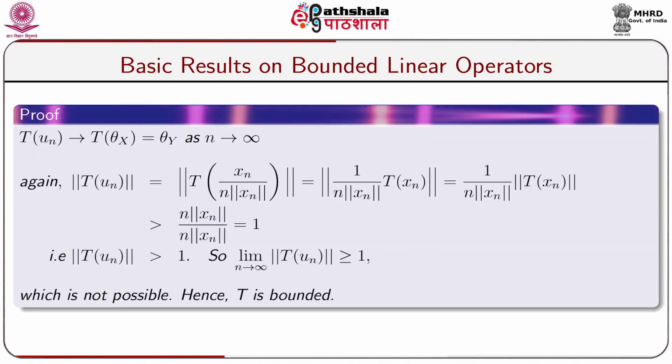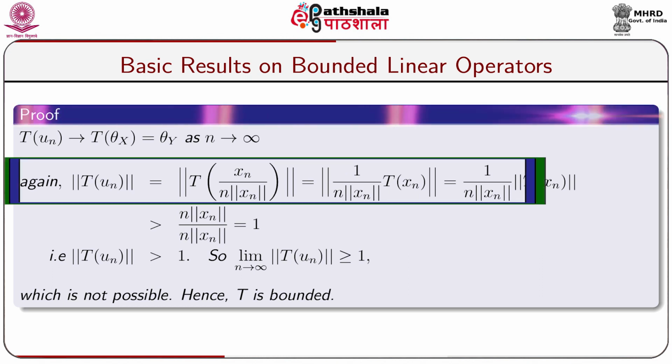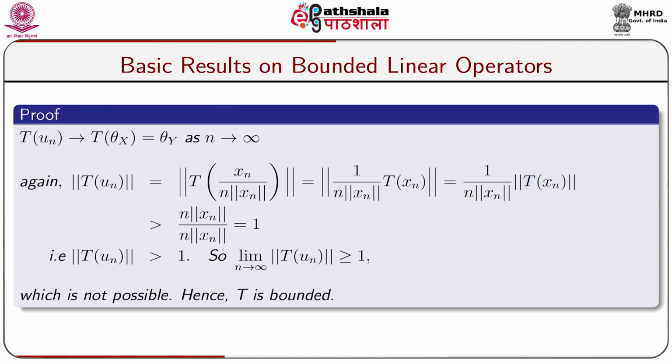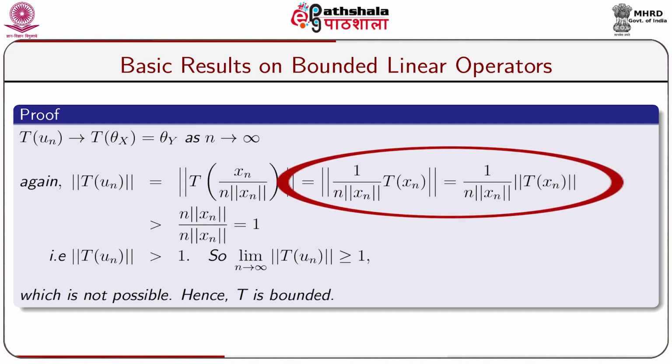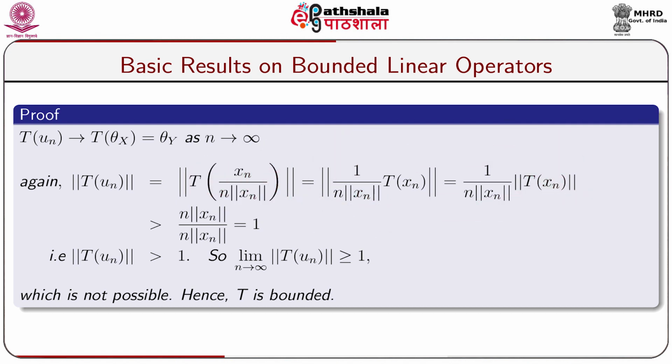Now, since T is continuous, T of u_n goes to T of theta_X, which is equal to theta_Y, as n tends to infinity. Again, norm of Tu_n is equal to norm of T of x_n by n into norm of x_n, which is 1 by n into norm of x_n into norm of Tx_n, which is greater than n into norm of x_n by n into norm of x_n, which is equal to 1.